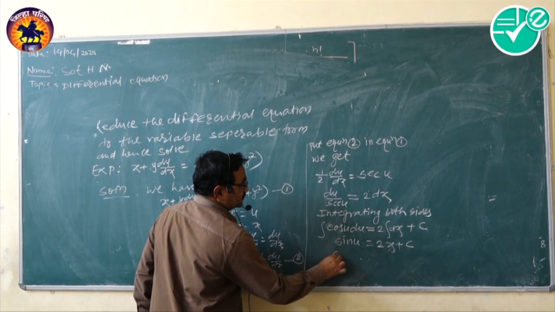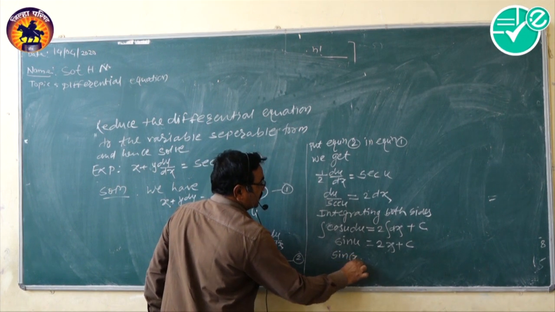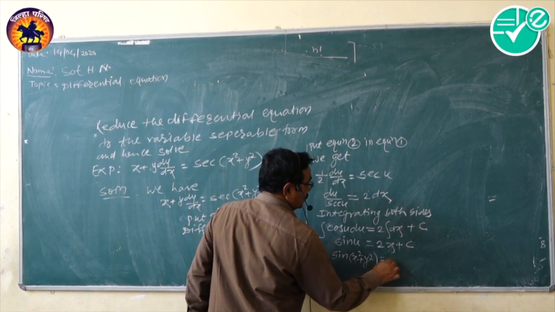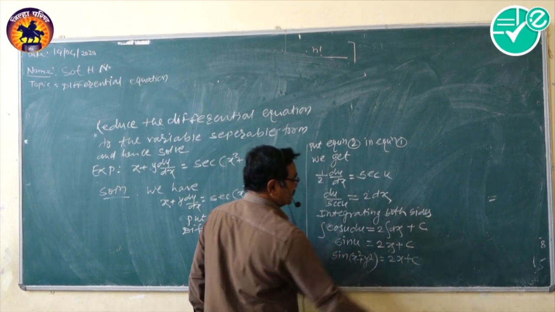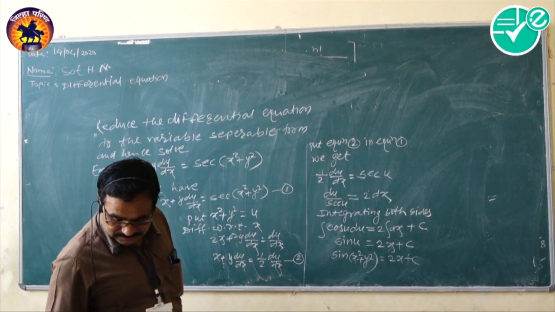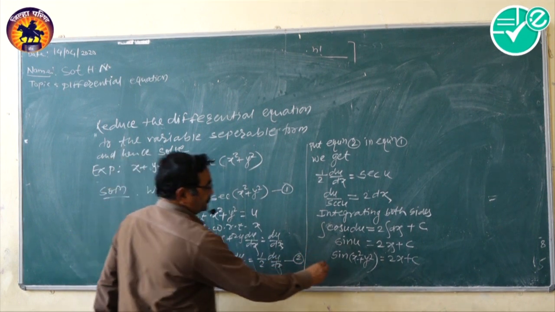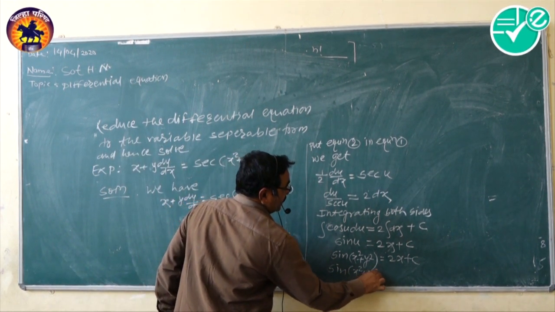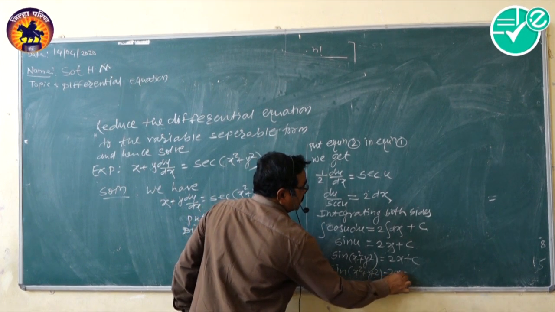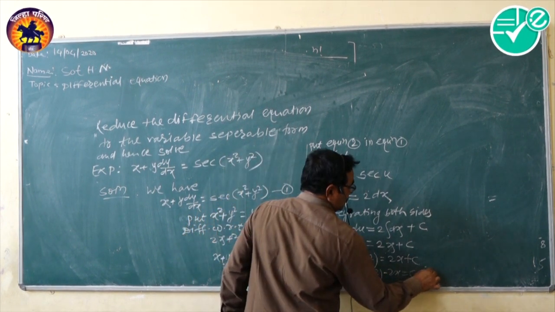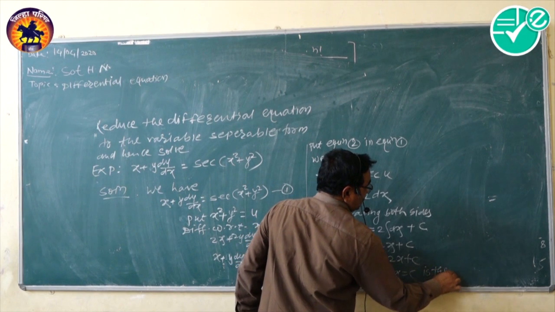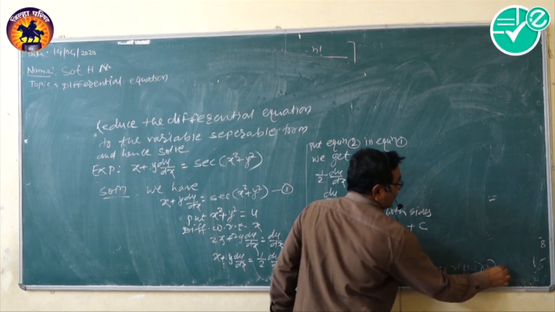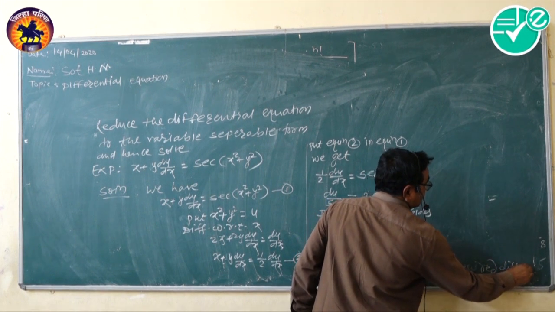This equation becomes sin(x² + y²) = 2x + c. So sin(x² + y²) - 2x = c is the required solution of the differential equation.